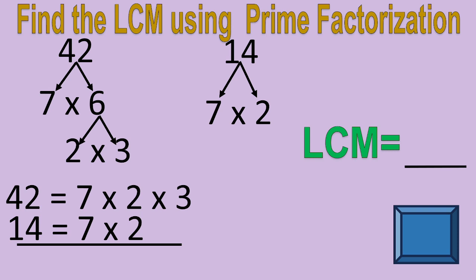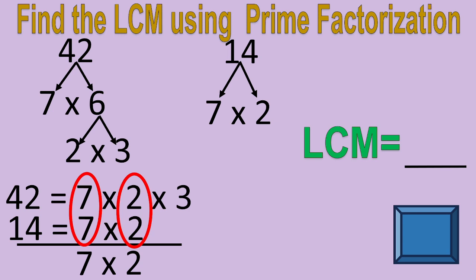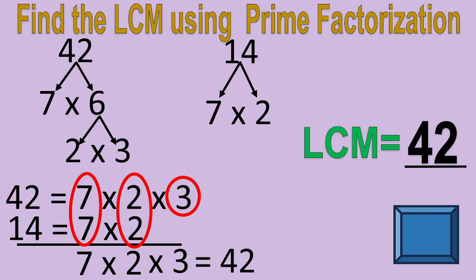The prime factorization of 14 is 7 and 2. Now, the common prime factors of 42 and 14 are 7 and 2. The uncommon prime factor is 3. So, 7 times 2 times 3 is equal to 42. So, the LCM is 42.